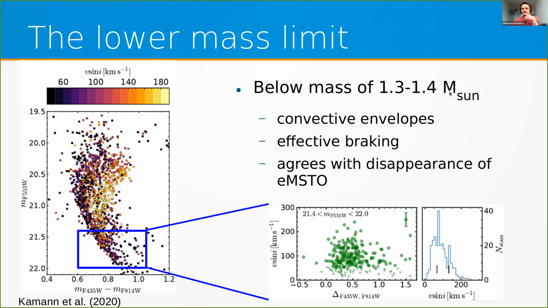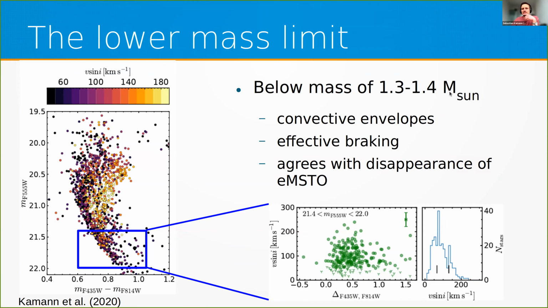One nice thing that you can also do, since we are not only observing the main sequence stars but can also look at the later evolutionary stages, is that we see that as the stars expand, all of the rotation goes away. You can nicely see this if you, for example, plot V sin i along the subgiant branch as a function of color.